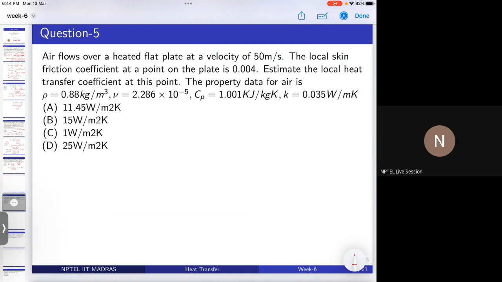So how to solve this? How to solve this question?